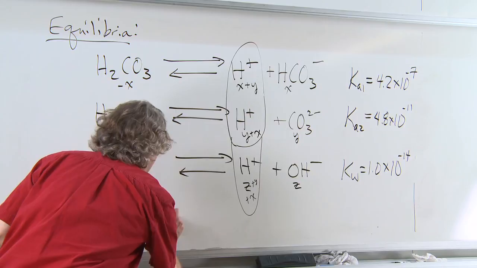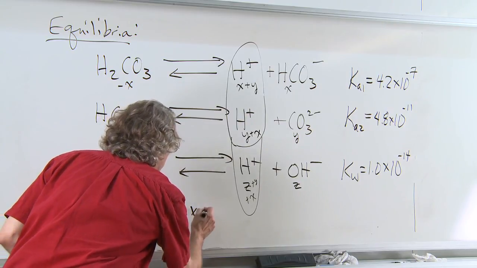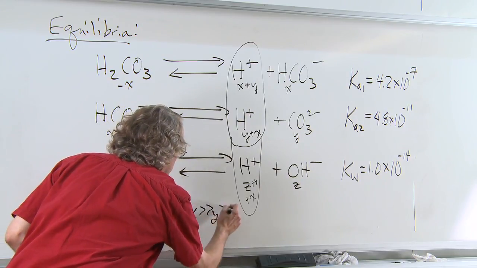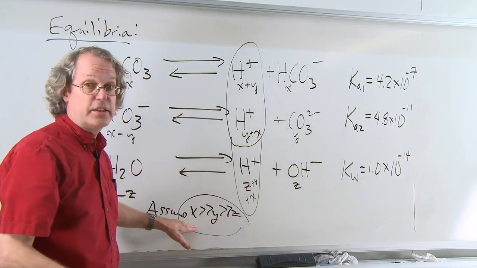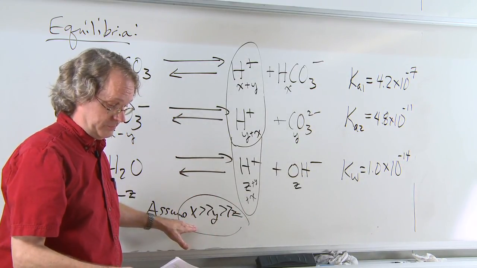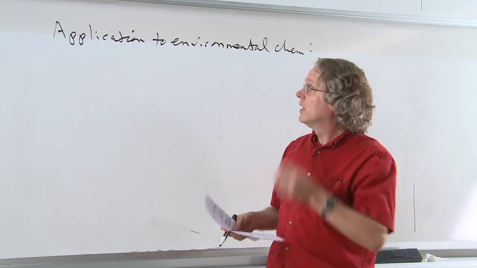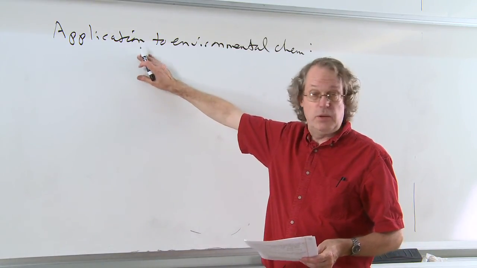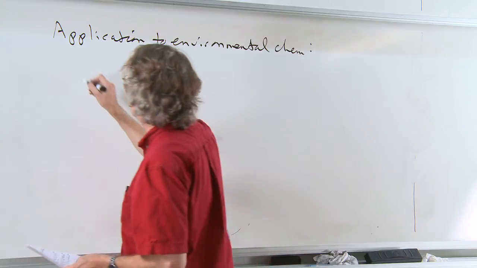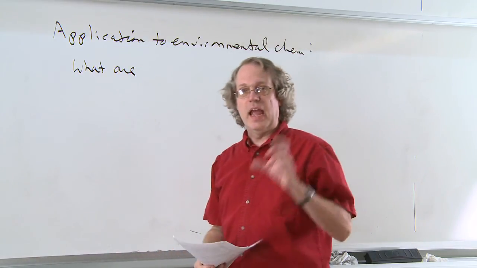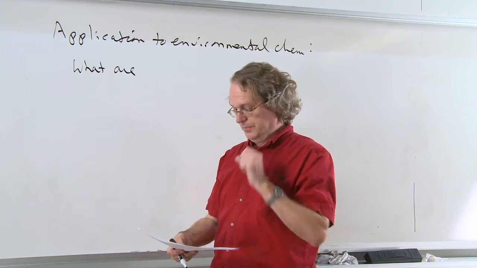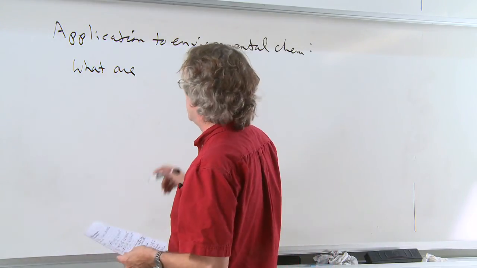We'll assume that x is much greater than y and much greater than z. And in the end, we can go back and check this assumption and make sure we were right. So let's look at a problem that involves an application of this equilibrium to environmental chemistry. And let's ask the question, what are the concentrations of everything inside of a raindrop or rainwater falling through the atmosphere?